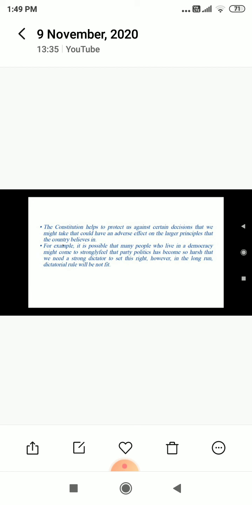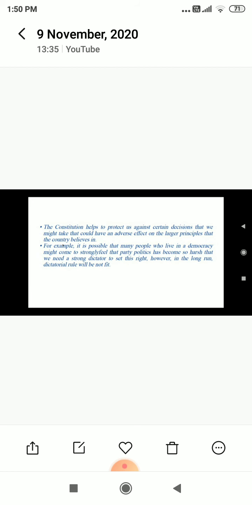For example, it is possible that many people who live in a democracy might come to strongly feel that party politics has become so harsh that we need a strong dictator to set this right. However, in the long term, dictatorial rule will not be beneficial.